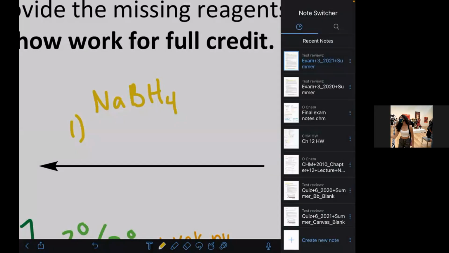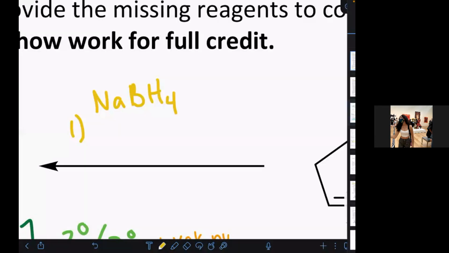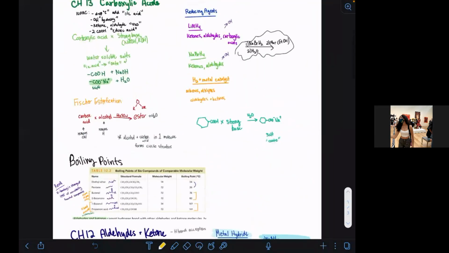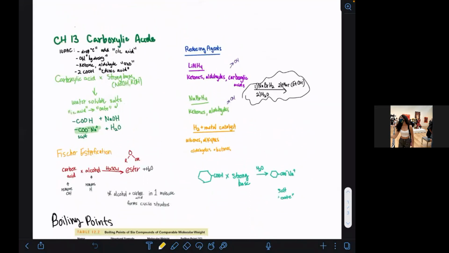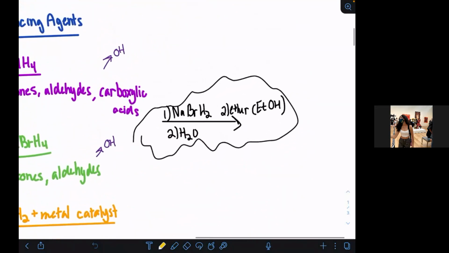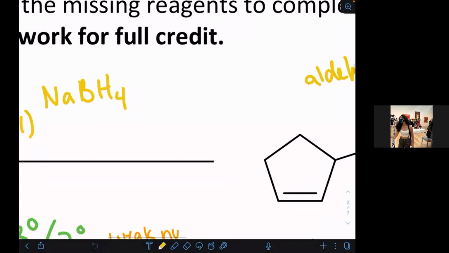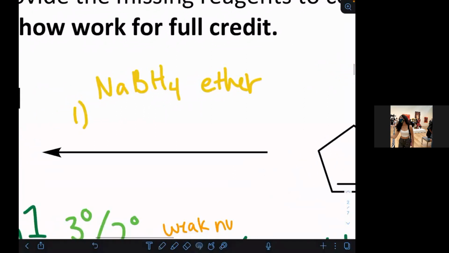Okay, so NaBH4, and then let's check the other reagent for that one. Oh, okay, and then ether, and then H2O. So I'll go back. Okay.